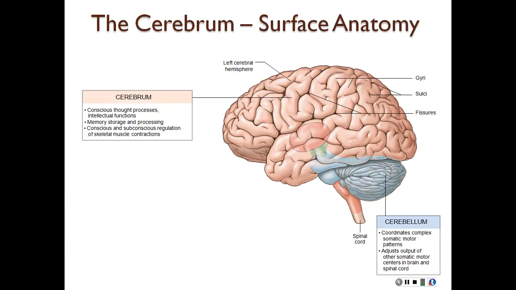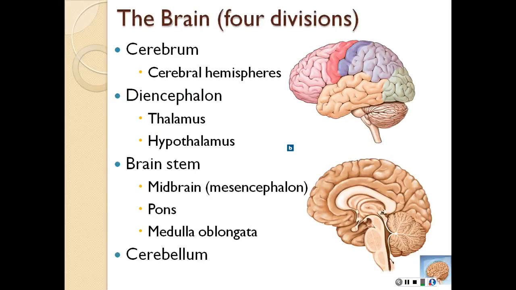Okay, so you should be familiar with some of the landmarks here. So you have the cerebrum. There are other parts of the brain. The cerebrum, as I said, is just the main large part of the brain. But there's also an area of the brain called the diencephalon, which includes the thalamus and hypothalamus, also the epithalamus.